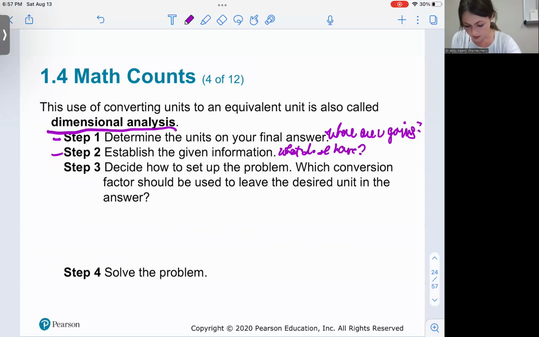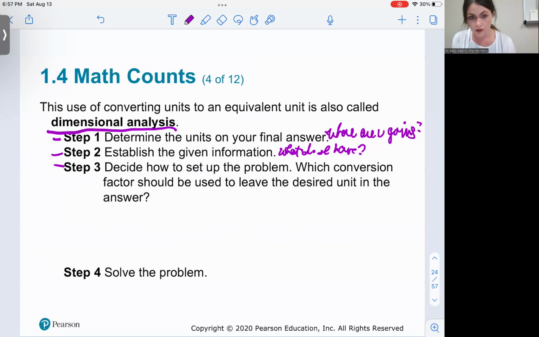And how do I set up the problem? Establish the given information. What do you have? Think of it that way. In step 3, decide how to set up the problem. Which conversion factor should be used to leave the desired unit in the answer?